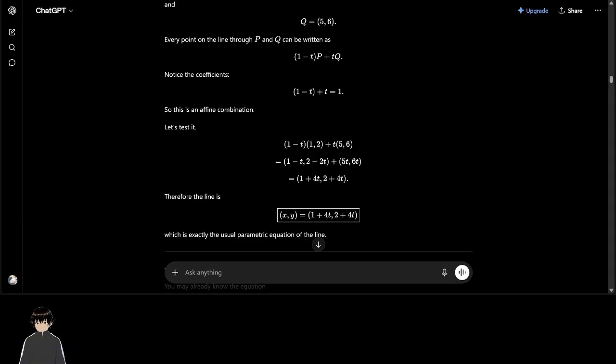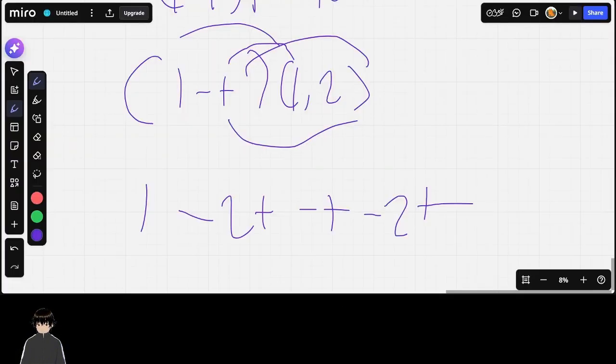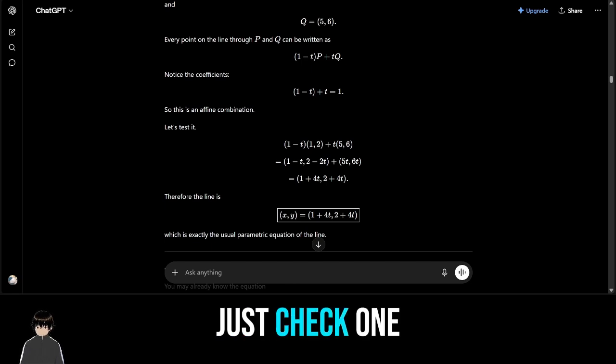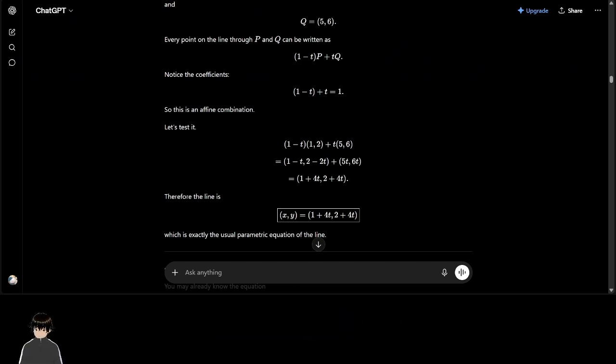Is that right? So there must be a little mishap here. Let me just check. 1, negative t, and 1.